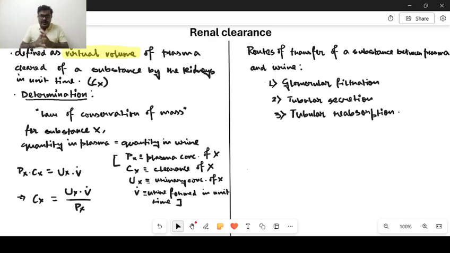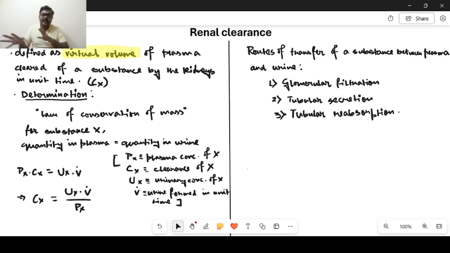Think for a minute: for a substance to be exchanged between plasma and urine, or plasma and glomerular filtrate, there are only three ways. Either the substance is filtered through the glomerulus, or it is secreted in the tubule by the cells from the peritubular capillaries, or it is reabsorbed from the tubule.